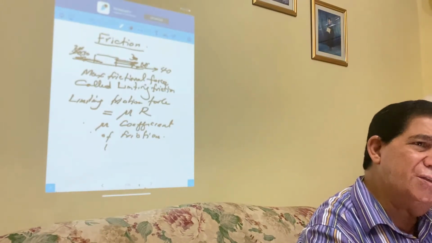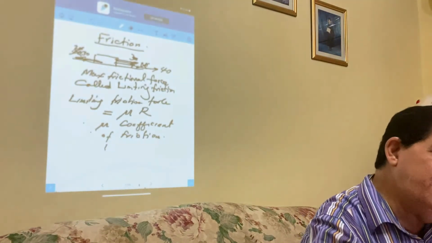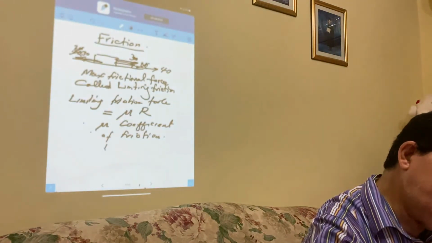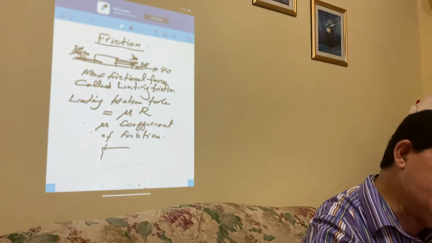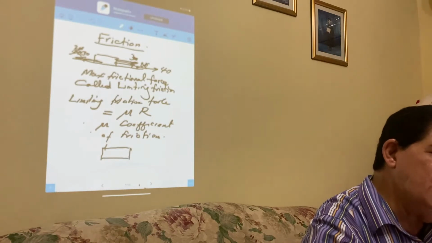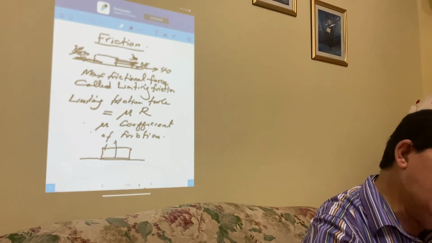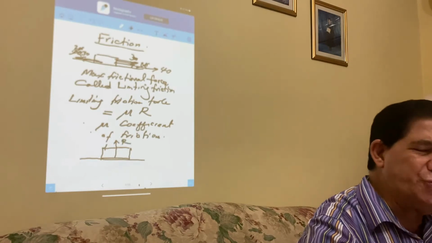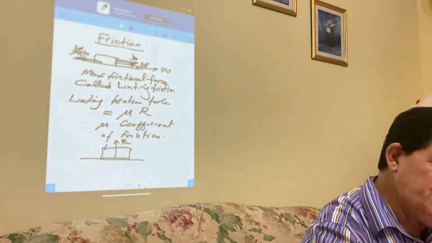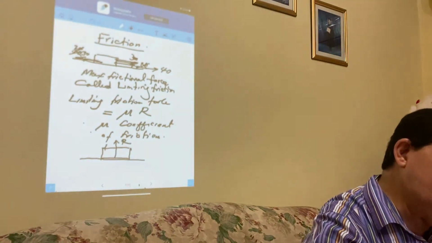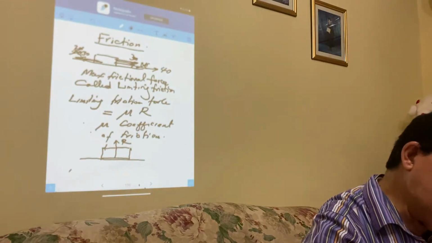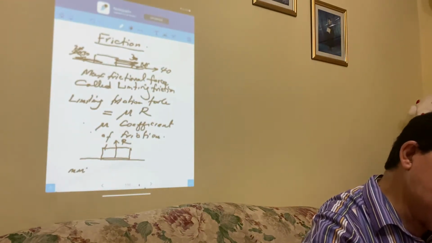Therefore, we say this. If any body is on a surface, and I know how much the normal reaction is, the important thing is the normal reaction, I would calculate a value for the maximum friction.